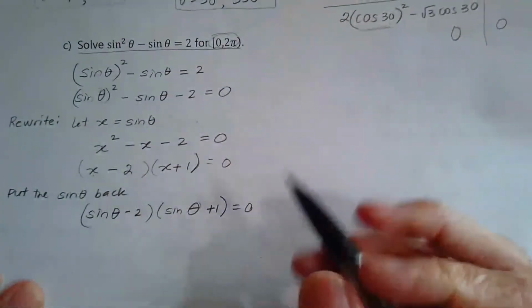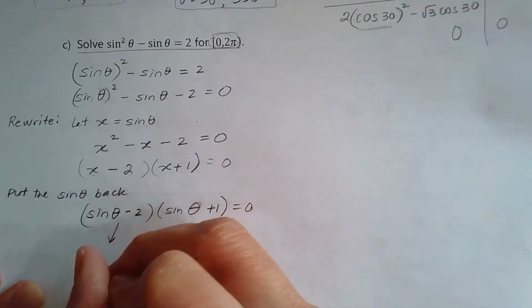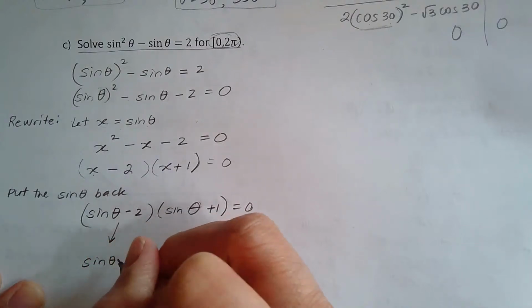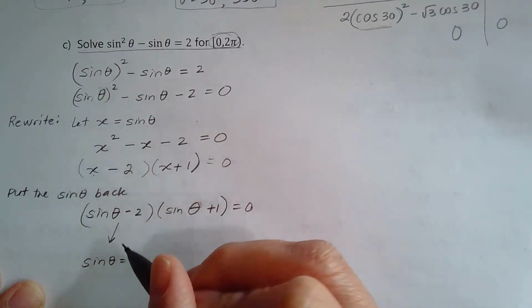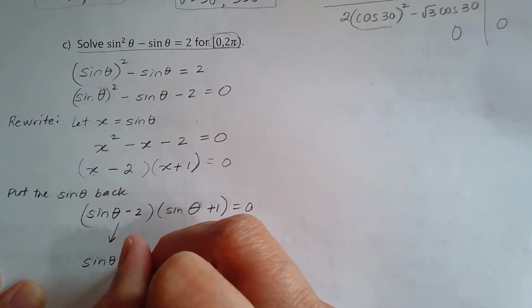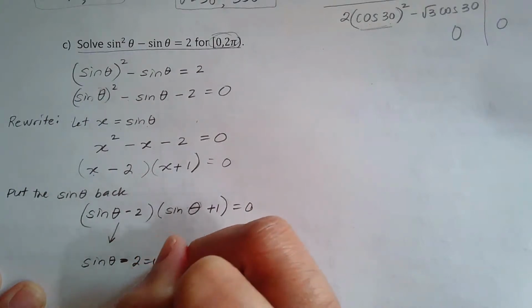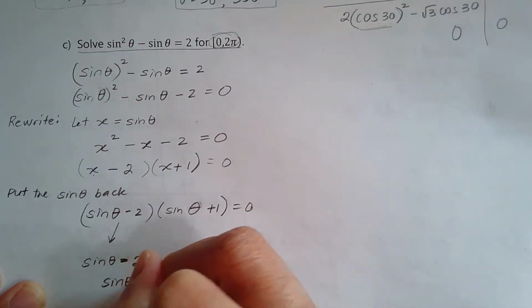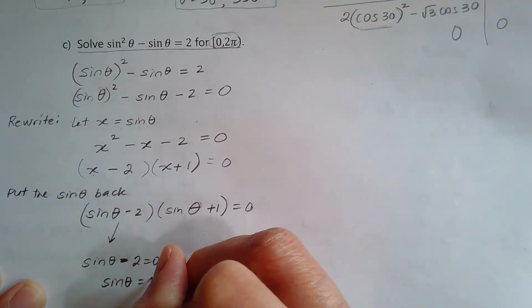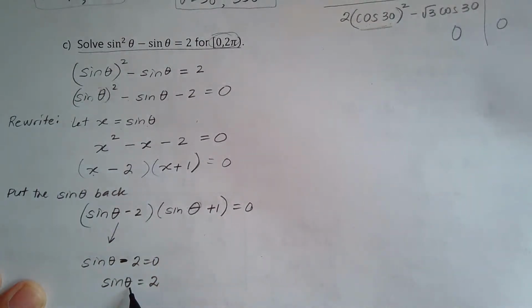Now, sine theta minus 2 equals 0, which means sine of theta equals 2. If we take the sine inverse of that, this is outside the unit circle.